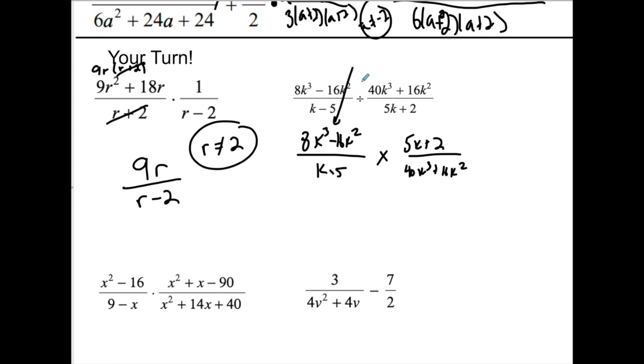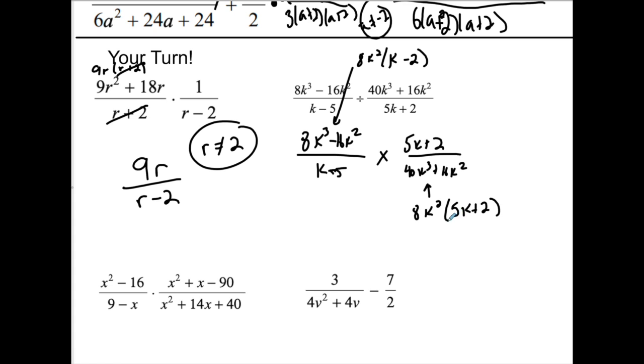Let's start by factoring. 8k squared times k minus 2, and 8k squared times 5k plus 2.